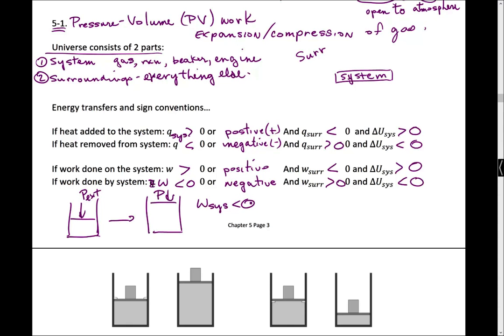Does that make sense? That's very important. And of course, if I reverse the process, I've done a compression. That means that I've done work on the system, and the work from the system point of view is positive.